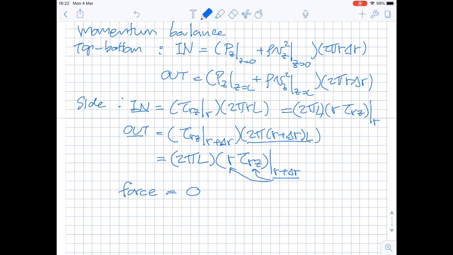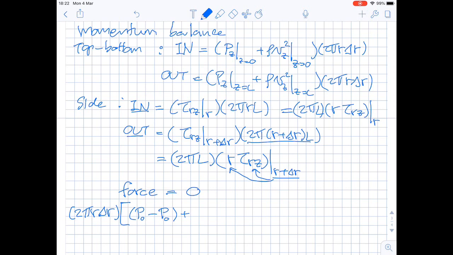Then, if you take in and out terms together into the balance, let's start with the top two: 2 pi r delta r times the pressure at Z equal to 0, which is atmospheric, and the pressure at Z equal to L is also atmospheric according to the problem statement.